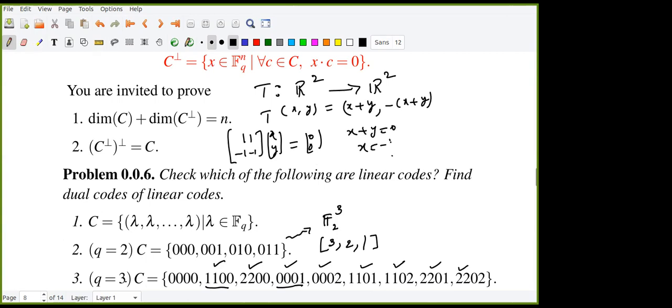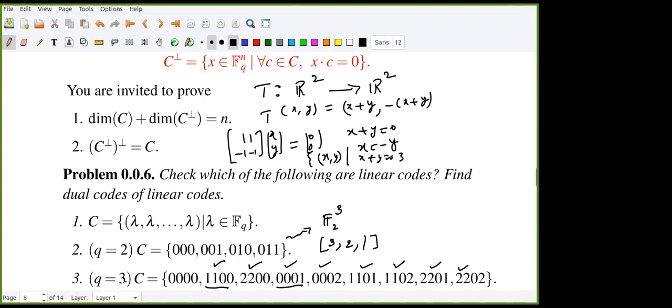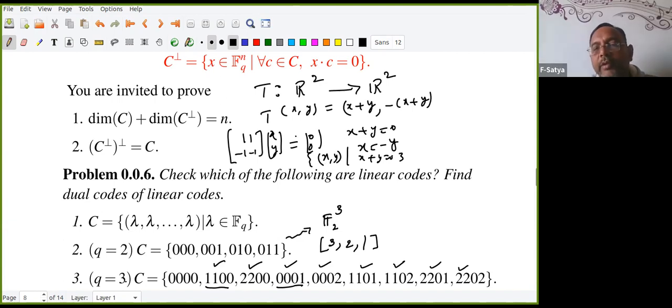That is the same as the span of (1, minus 1). So the range space is equal to the null space. That happens.